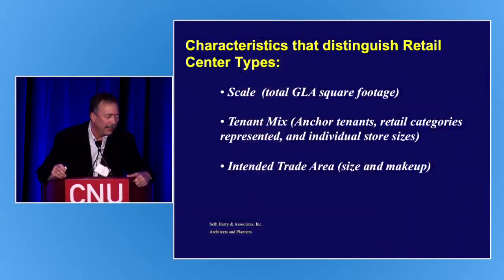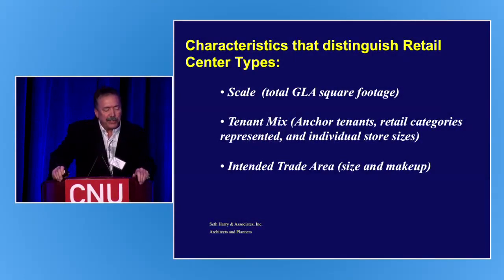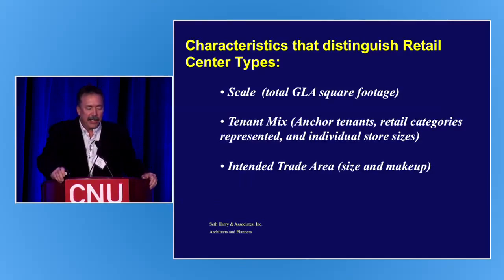So the characteristics that distinguish retail center types are scale, the size of the retail offering overall; the tenant mix, which is usually defined by the anchor tenant and the collective retail categories represented, and the size of the individual stores; and the intended trade area, size and makeup.